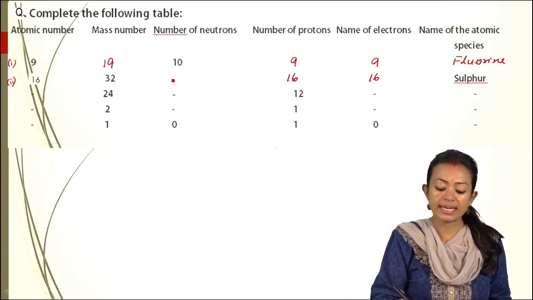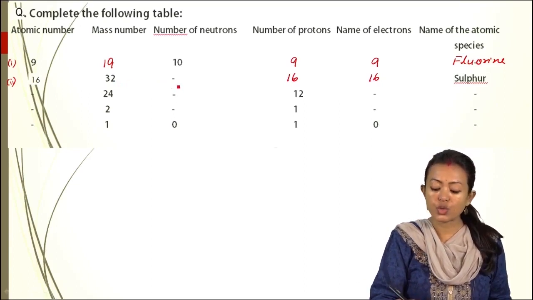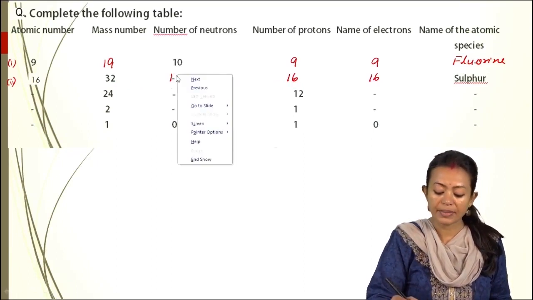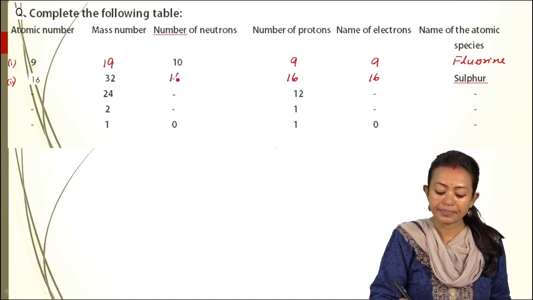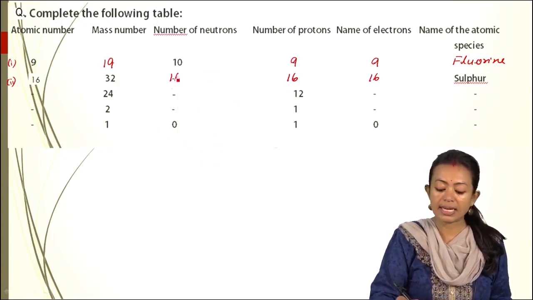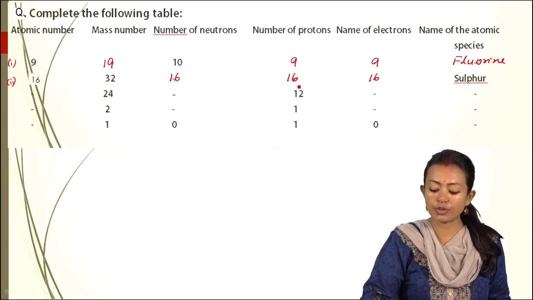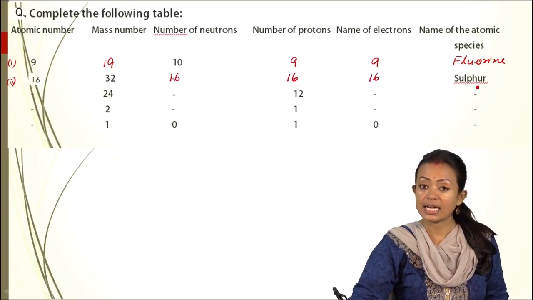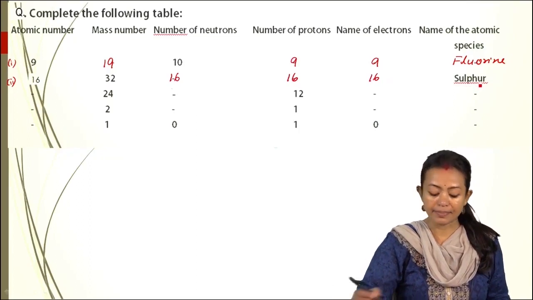We know that mass number is equal to the number of protons plus neutrons. So if the number of protons is 16, then the number of neutrons is also going to be 16. So we see in this case the neutrons are 16, protons 16, electrons 16, and thus it is the sulfur atom.